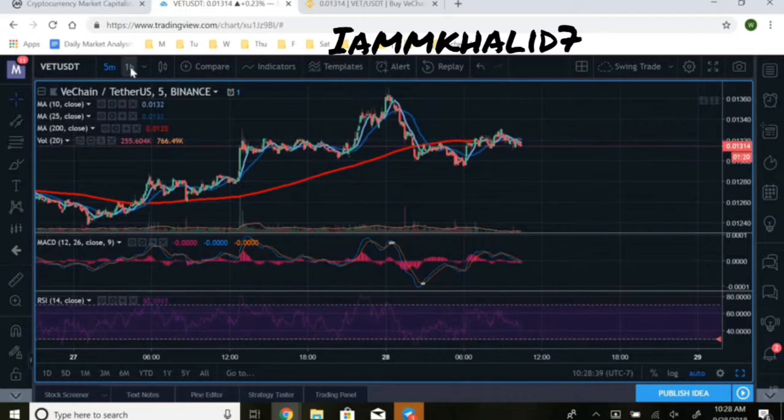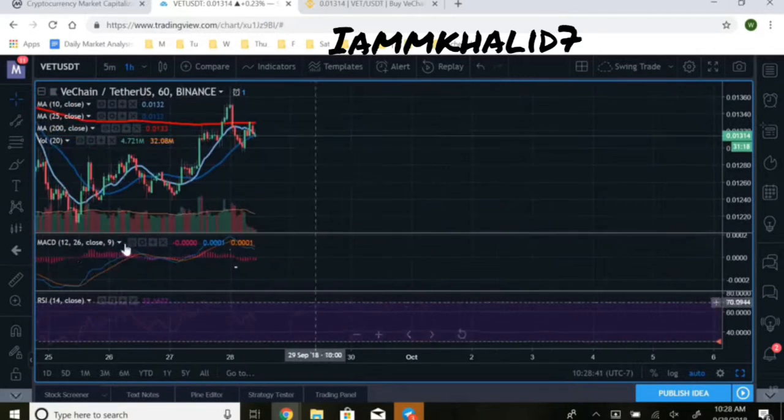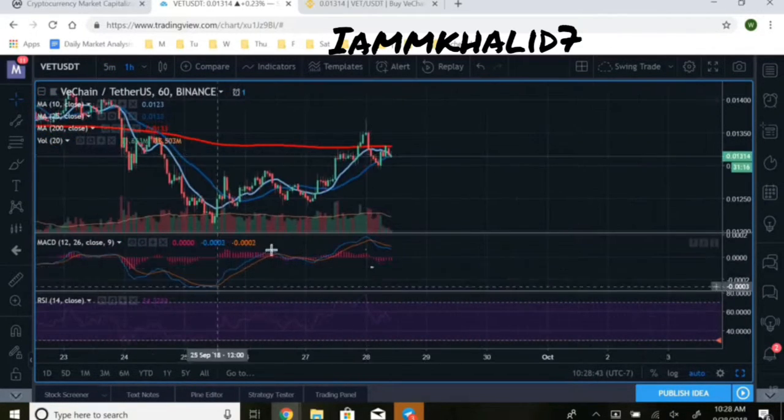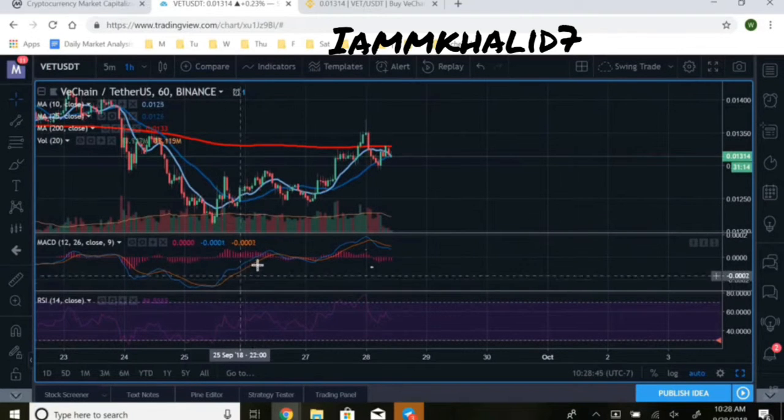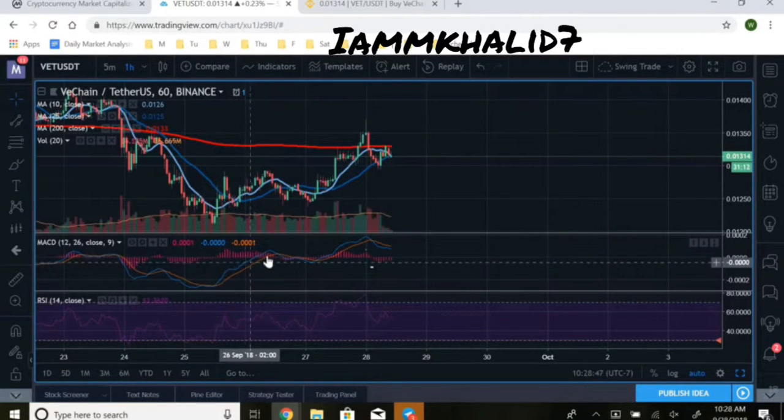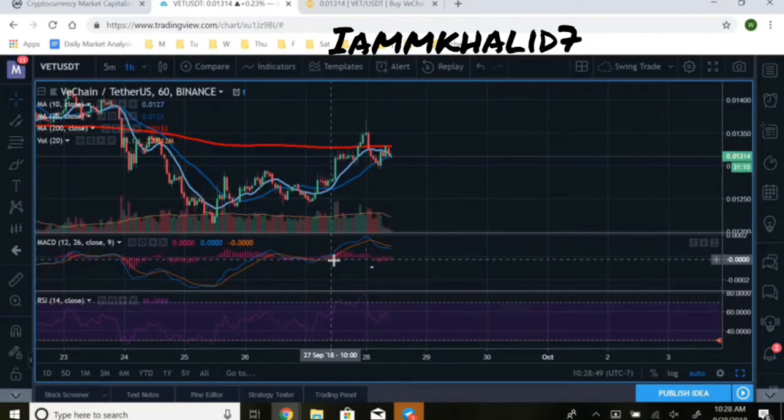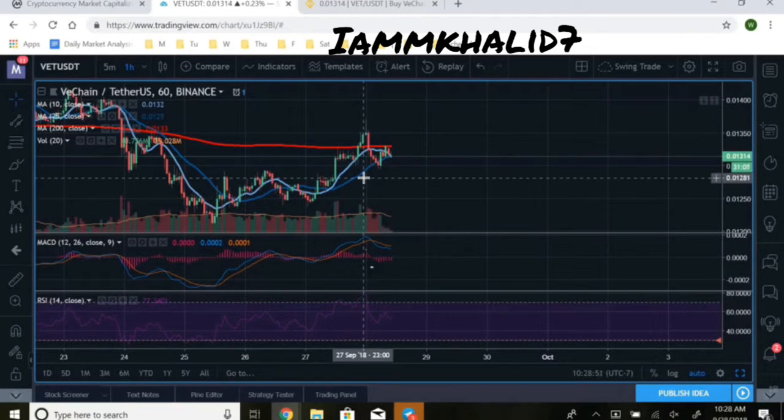Okay, so that's what I use the 1 hour for, to judge the MACD as well as the overall momentum and volume. Is it moving up in the medium to long term, or is it going down, or what's really happening? Those are the two time intervals you want to focus on, as well as the different things you want to look out for.